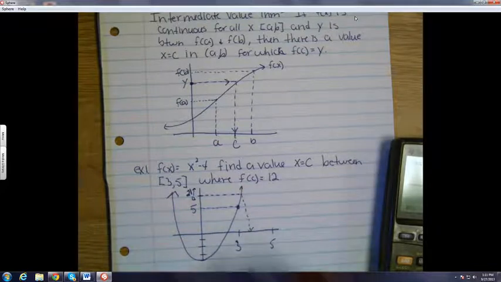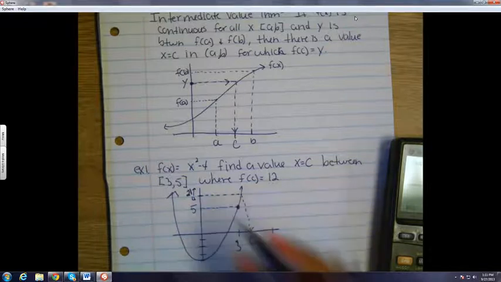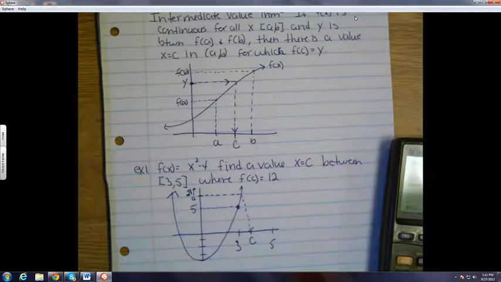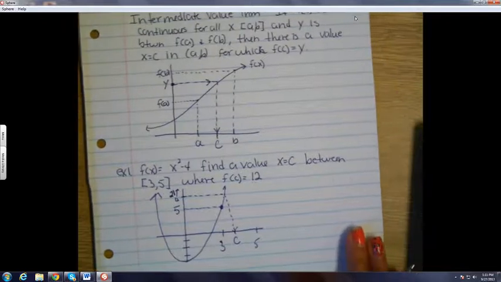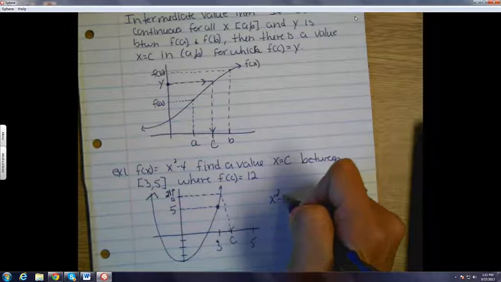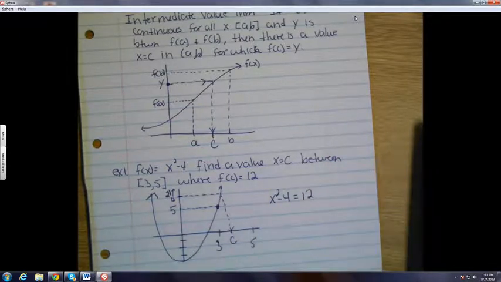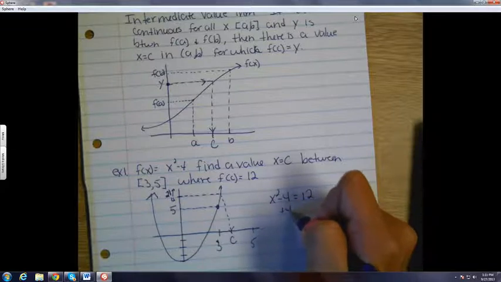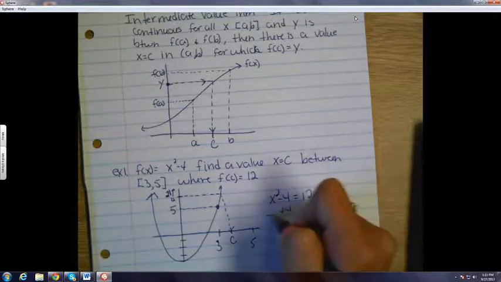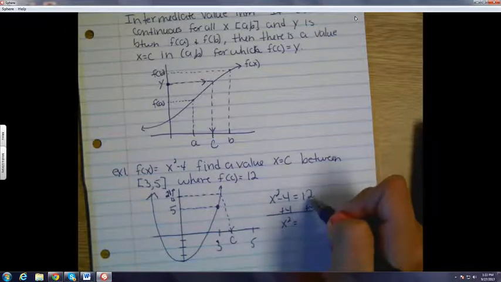Our goal is to find this x value that makes the function equal 12. Well, that's just some simple algebra where we set the function, I want to know when it equals 12. Well, solving for x, if I add 4 to both sides, x squared equals 16.